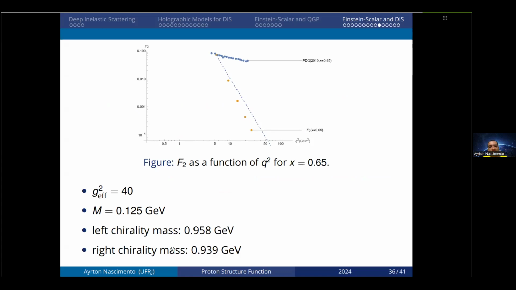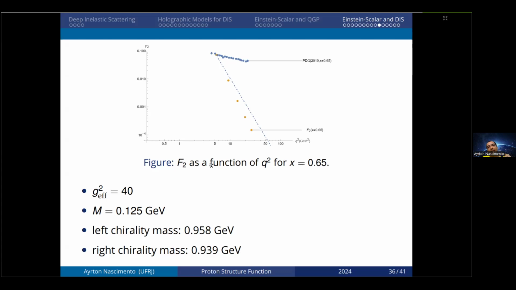This is the best M value of the fermion bulk mass that describes the right chirality mass, the one closest to the proton mass when I try to solve the problem numerically. So these are the best values I get, but I don't get the chance to have the same mass for both. I have different masses for the left and right chirality.